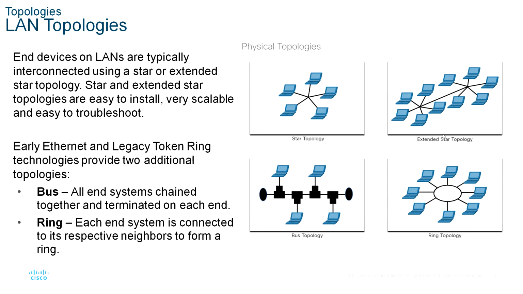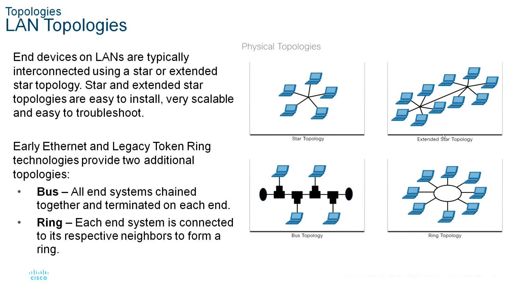Infrastructure devices such as switches are not required to interconnect the end devices. Legacy Ethernet networks were often bus topologies using coaxial cables because it was inexpensive and easy to set up.